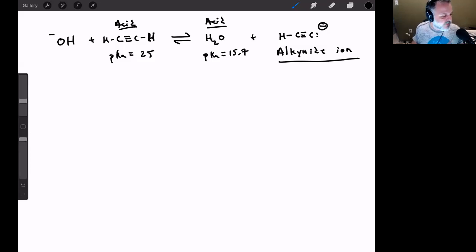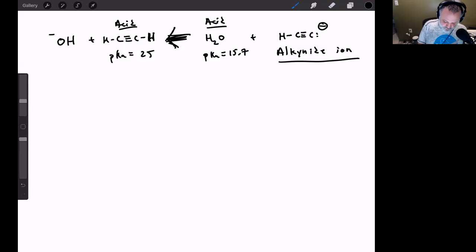Remembering that the equilibrium favors the side of the reaction with the weaker acid, and that the larger the pKa is, the weaker the acid is. And we'd say, okay, no, this reaction really favors the reactant side. It's really reactant favored. And so hydroxide isn't really a suitable base in order to deprotonate an alkyne.